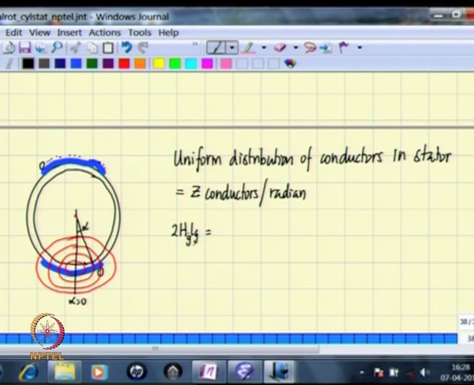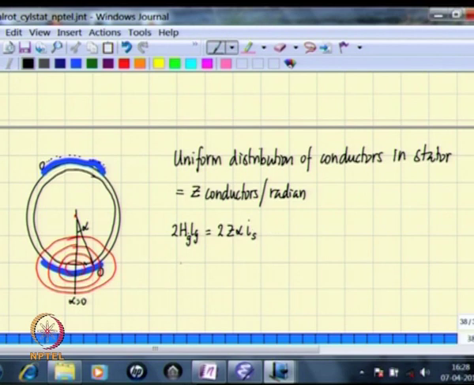That will essentially be equal to the number of conductors in this region, that is 2 times Z into alpha, into the flow of current I, multiplied by Is.